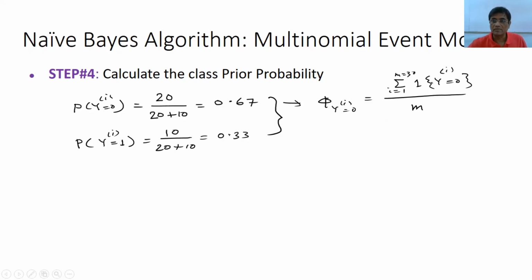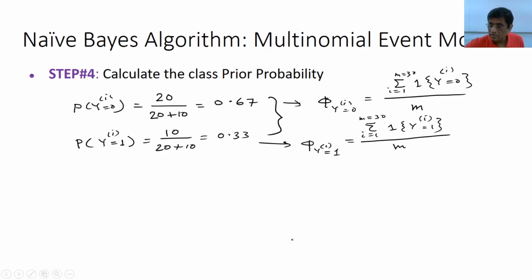So 1, 1, 1, 1. When it is normal, there are 20 times. So 20 divided by total 30. So you will calculate this, and for the other class you need not calculate it, because once you got it, 1 minus that will be the class prior for the other class, because I have 2 classes only here. But if you have multiple classes, it is good to know how to calculate class prior.